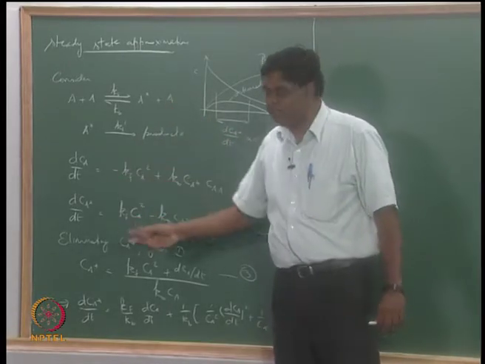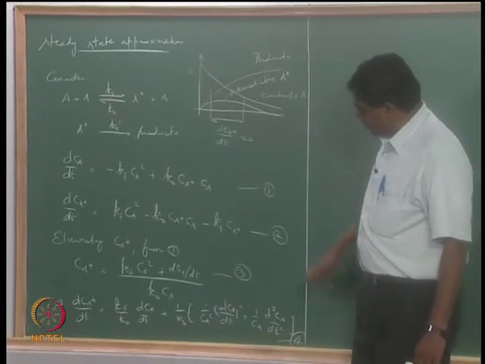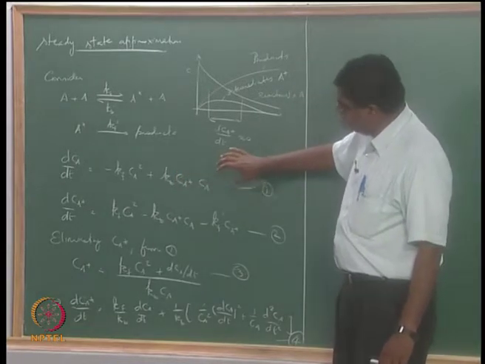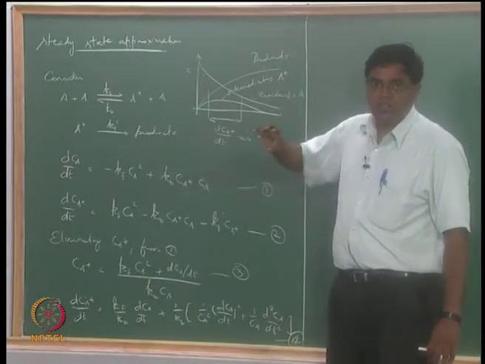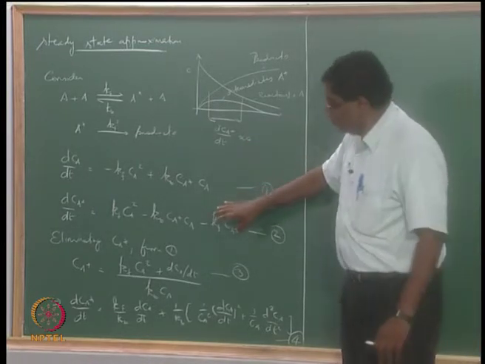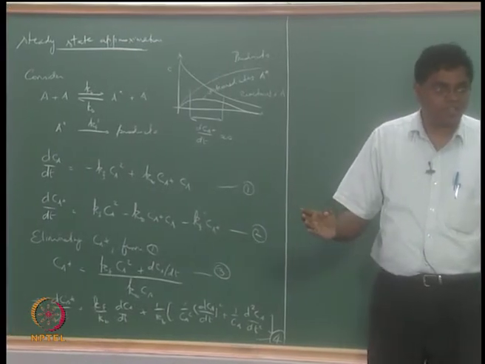A and A star like this. And of course what you can do now is, okay, we have 2 equations in Ca and Ca star, dCA over dt and dCA star over dt. So let us try to see if we can eliminate anything to do with A star.